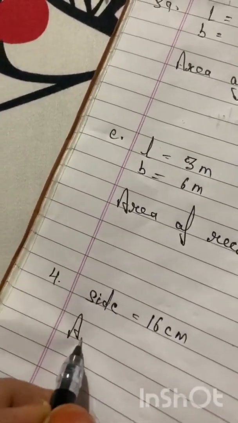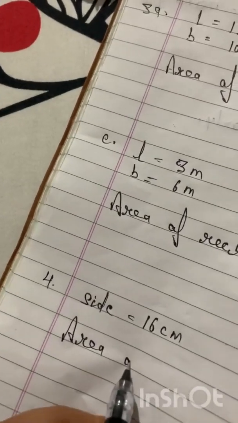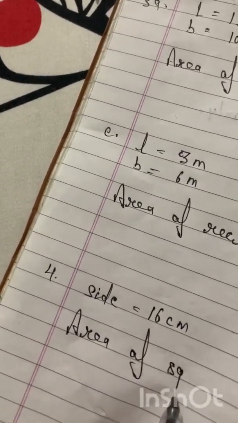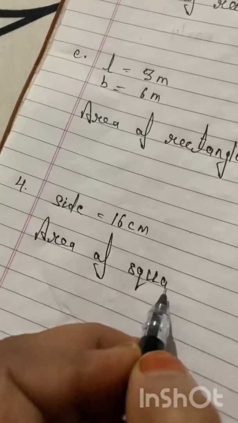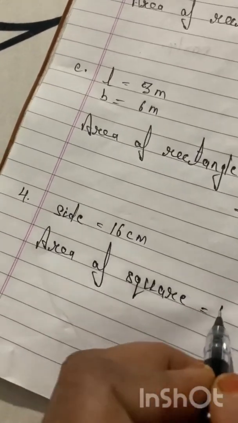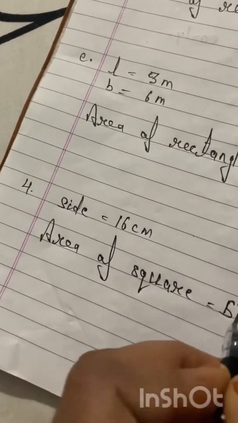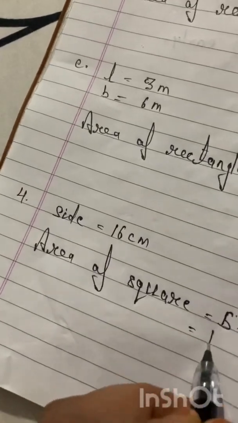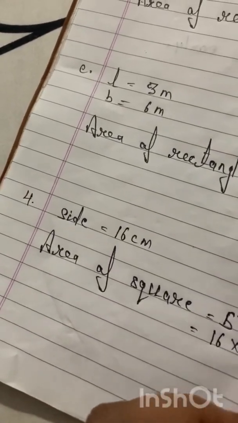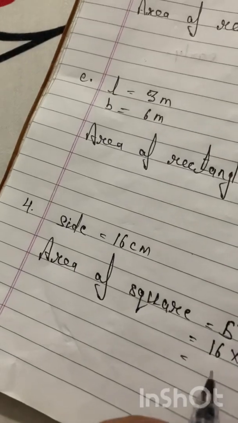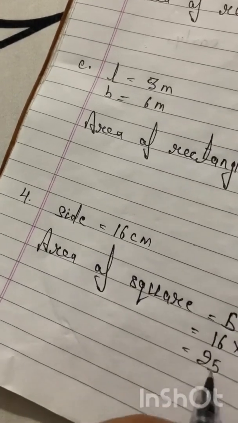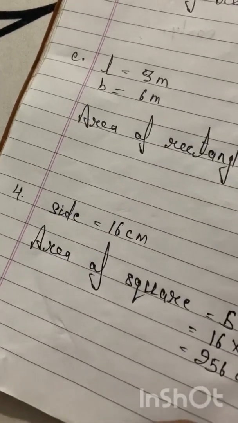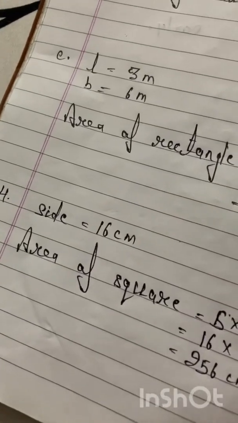So what is the formula of area of a square? Area of a square is side into side. Okay, so 16 into 16, it's 256 centimeter square, which is our answer.